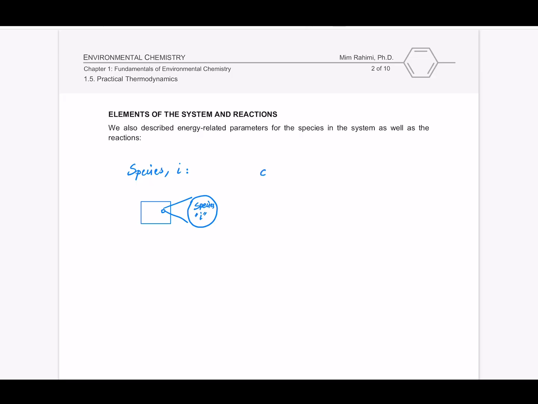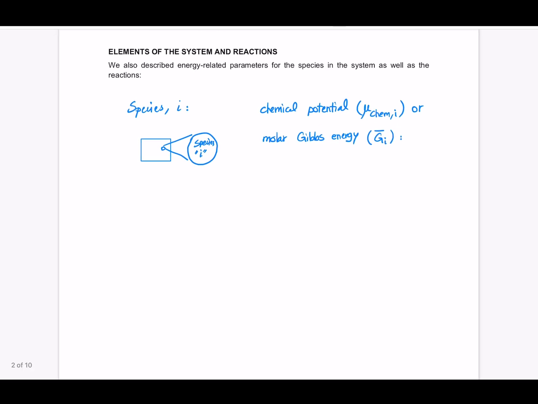and then we define the chemical potential associated with the species I, so mu chemical for I, or we define the molar Gibbs energy, or G molar of I. So qualitatively speaking, this means that if we add or remove one mole of I, how does the total G change?